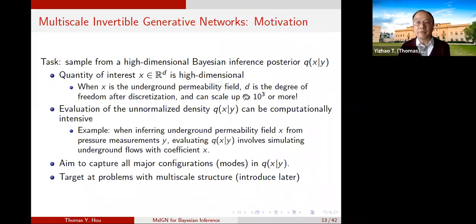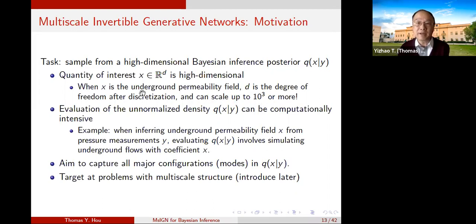For example, one of the examples we study is groundwater transport, where the unknown is the permeability coefficient. If you discretize the problem even on a relatively coarse grid like 64 by 64, you have a huge number of degrees of freedom to characterize this permeability, so the dimension can easily go up to 1,000 or more.